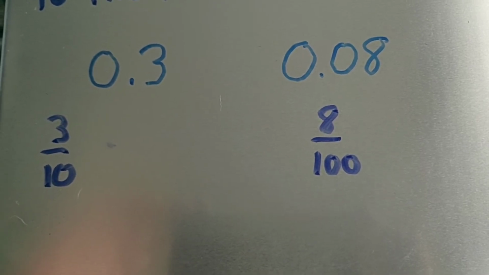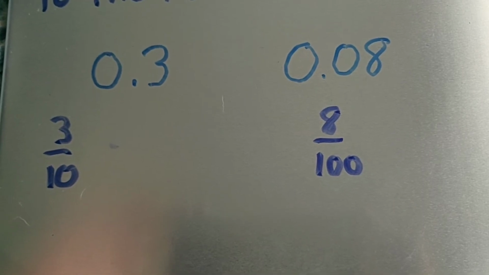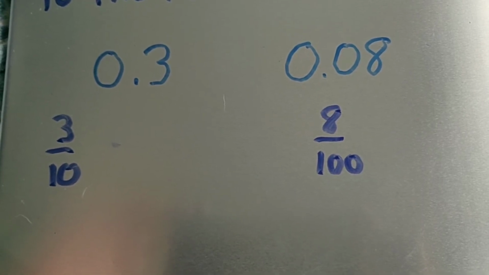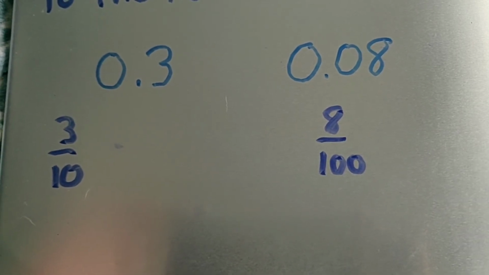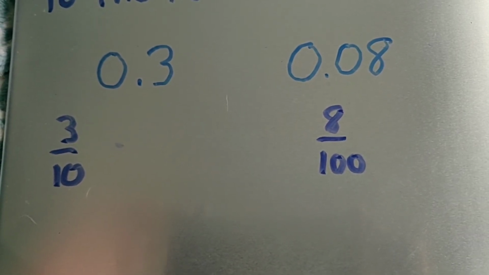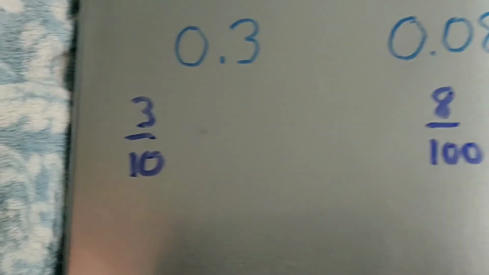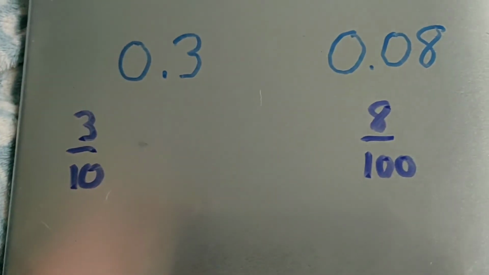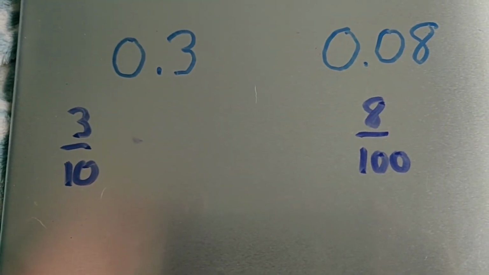In 8 hundredths, we have a whole that's broken into 100 much smaller parts, because it's the same whole, just broken into way more parts. So if you have 8 of those way smaller parts versus 3 of those much bigger parts, it makes sense that 3 tenths would be greater than 8 hundredths.